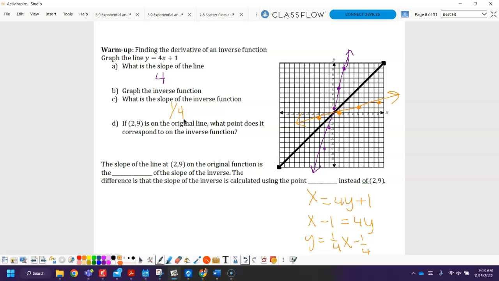If (2, 9) is on the original line, what point does it correspond to on its inverse? (9, 2). The slope of the line at (2, 9) on the original is the reciprocal of the slope of the inverse.